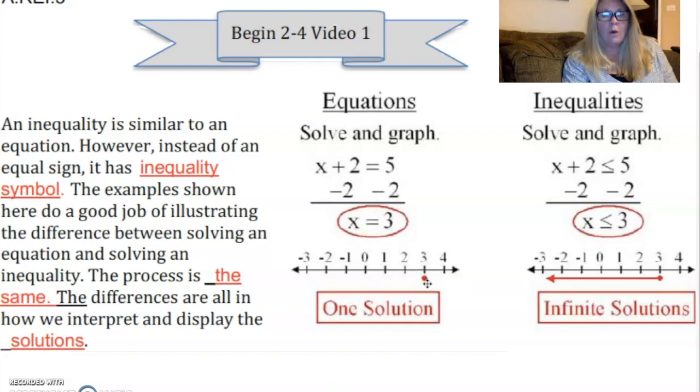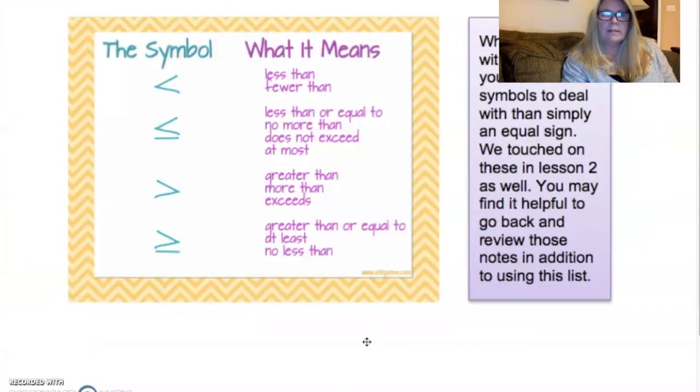There is only one answer. An inequality, however, says that all my answers, my x values, are all the values that are less than or equal to 3. So 3 is a solution, but everything below 3, and we have an arrow there showing it, is also a solution. So let's go on to the next slide.